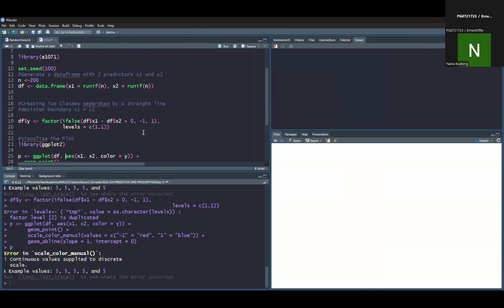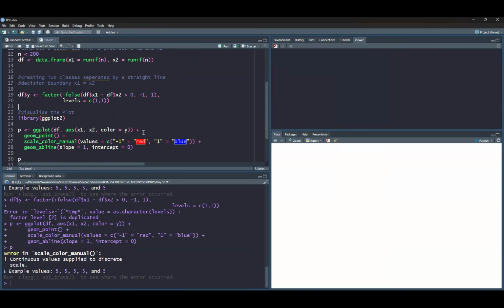I think probably it is the screen resolution, not the screen size. The font type. Oh, okay. So you might want to have a look at it. He's saying there's an error in color manual. Let's see.